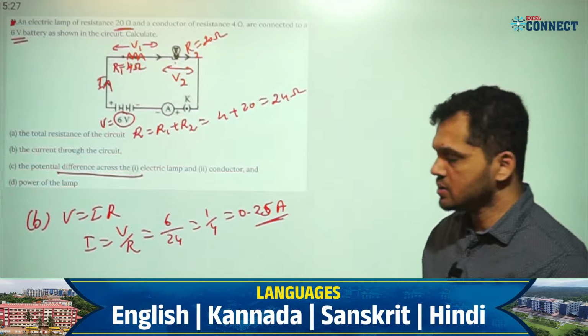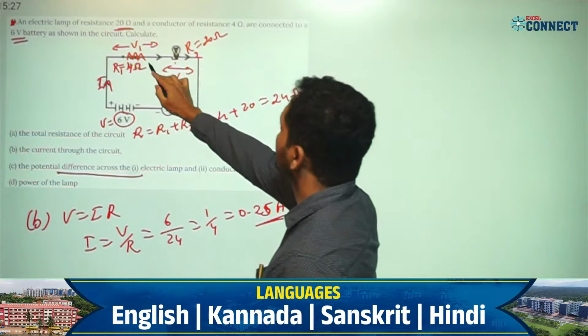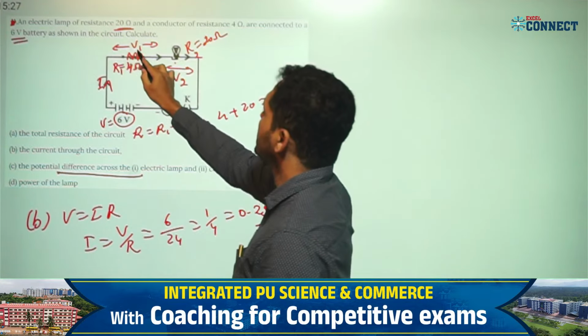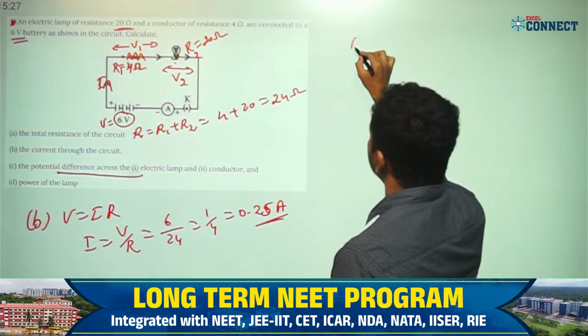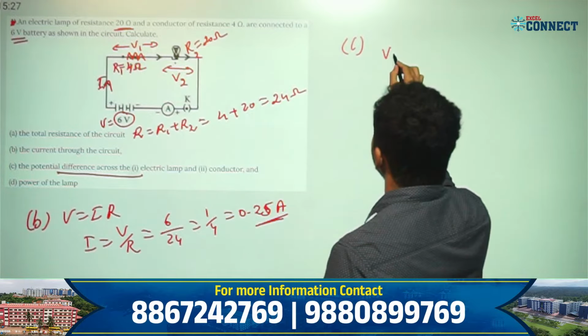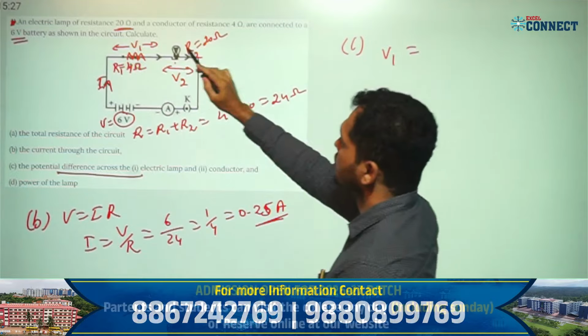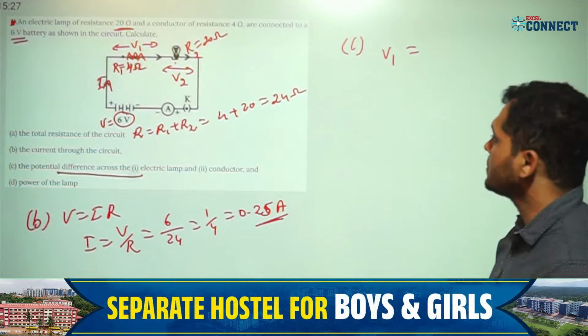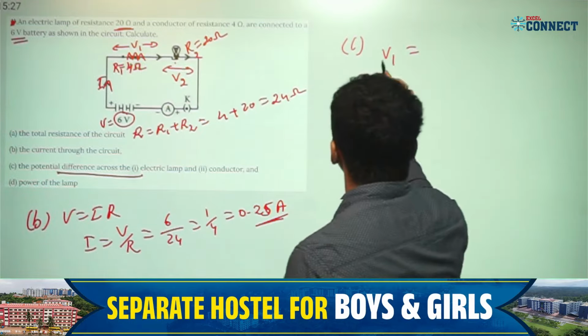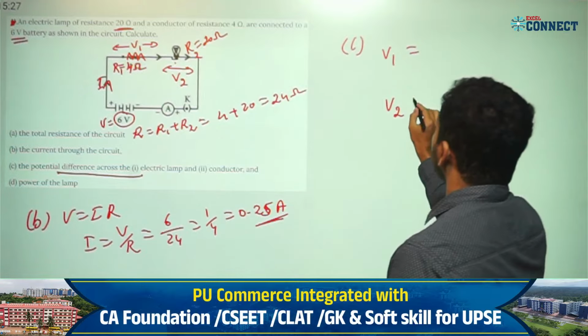V1 is the voltage drop across a resistance wire, and V2 is the voltage drop across this bulb.